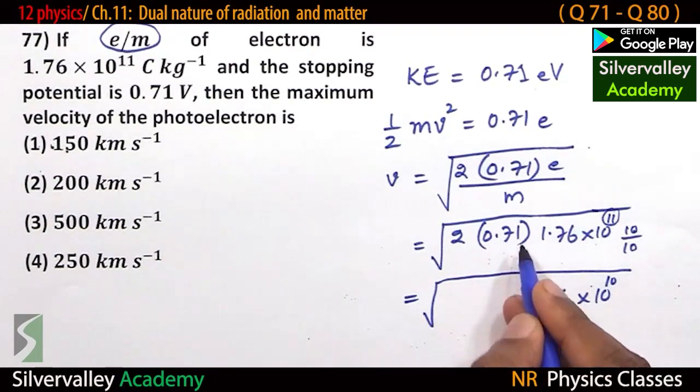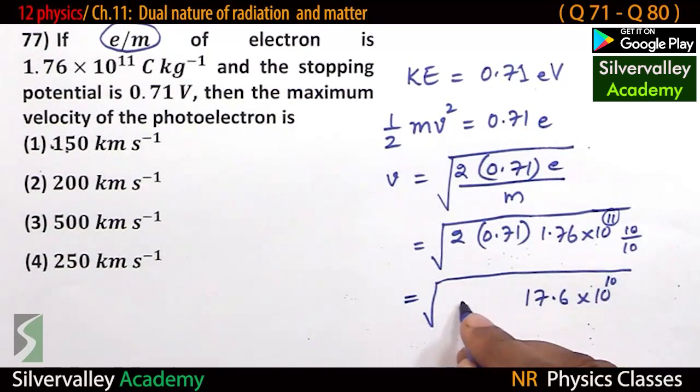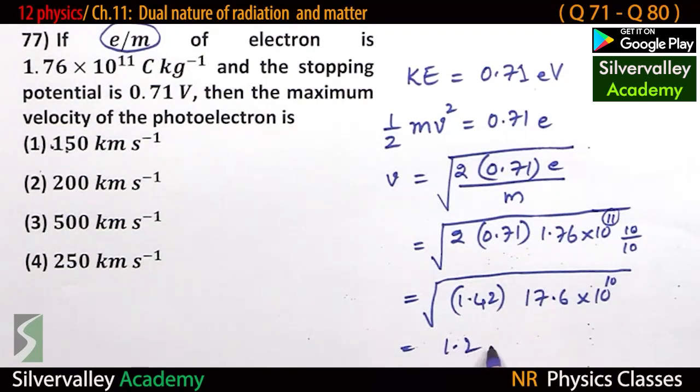2 into 0.71 is 1.42, of course. Root of 1.42 is about 1.2.